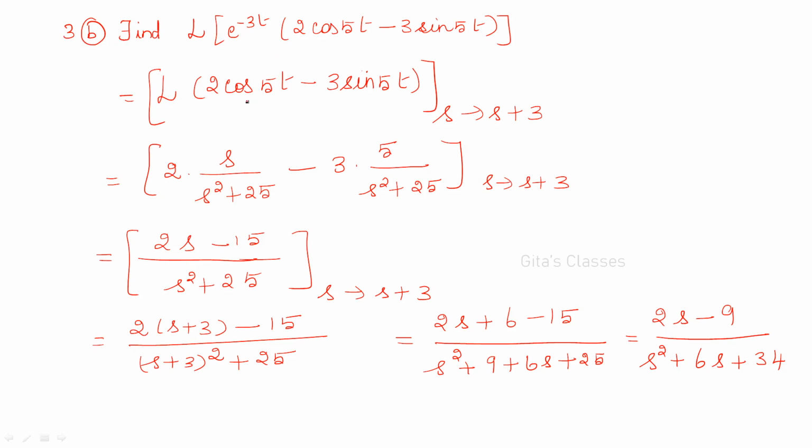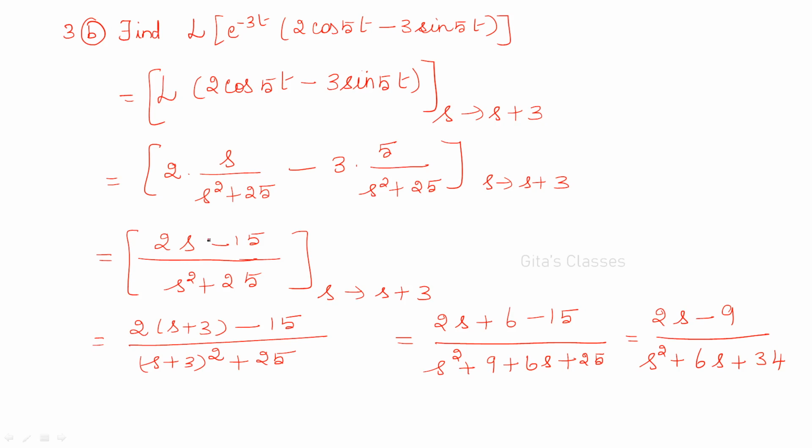So, now 2 into the Laplace transform of cos 5t, which is s by s squared plus a squared. Here a is 5, so 25. Minus 3 into L of sin 5t, which is 5 by s squared plus 25, and in which you have to replace s by s plus 3. So combining both, the denominators are s squared plus 25. So combining, 2s minus 15 by s squared plus 25, in which s is to be replaced by s plus 3.